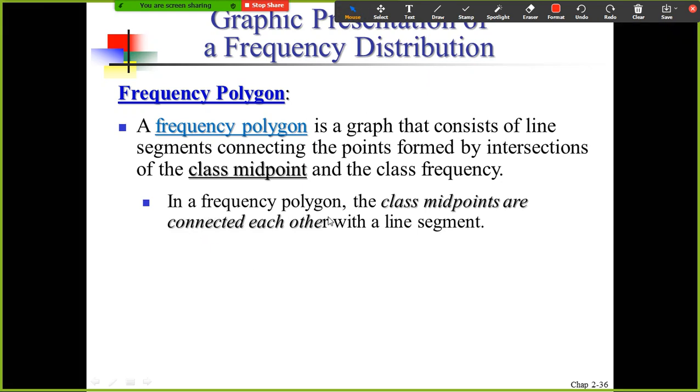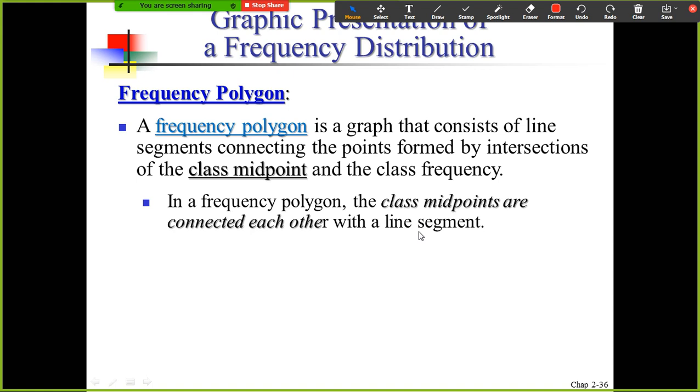In a frequency polygon, the class midpoints are connected, linked from one to the next one by using a line segment. A line segment is a line but with limitation, an ending limitation, a beginning limitation.